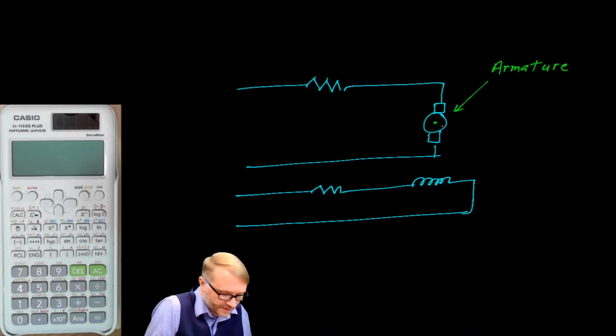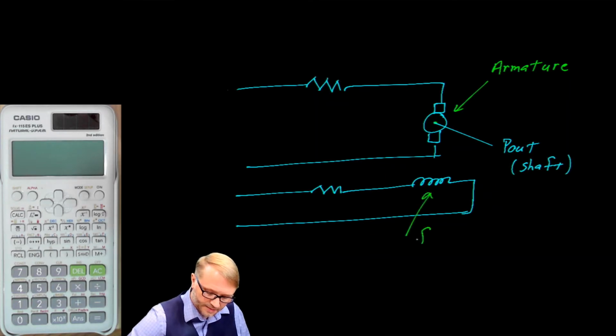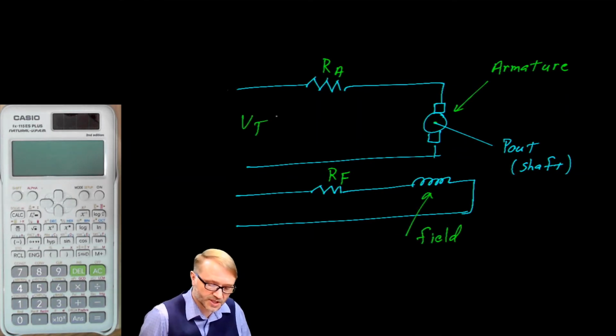This is where you'll find the output shaft of the machine. We're going to call that P out shaft. This is the field winding. The armature resistance, the field resistance, the terminal voltage for the entire machine, and the field voltage for the machine.